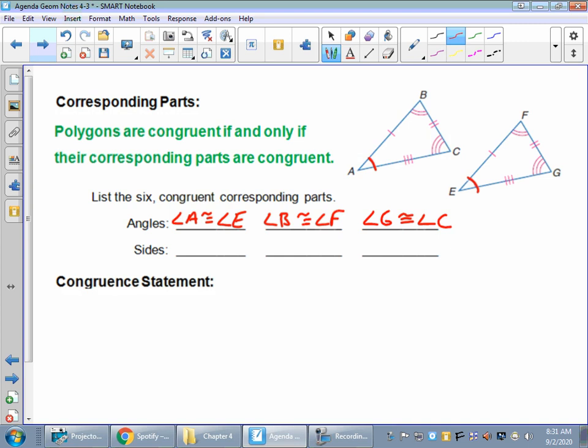All right, and then the sides, again looking at the dash marks. Single dash marks would be congruent, double dash marks, and triple dash marks. So side AB is congruent with side EF because they both have the single dash mark. Then the same thing with the double, FG and BC.